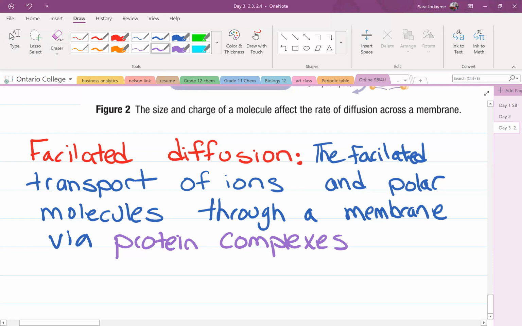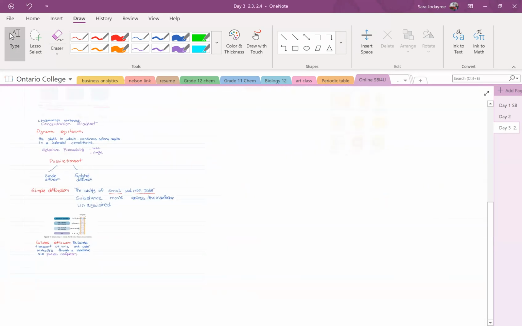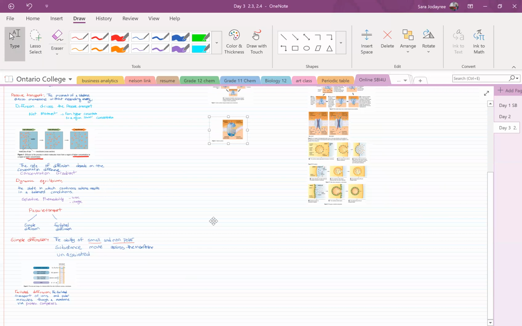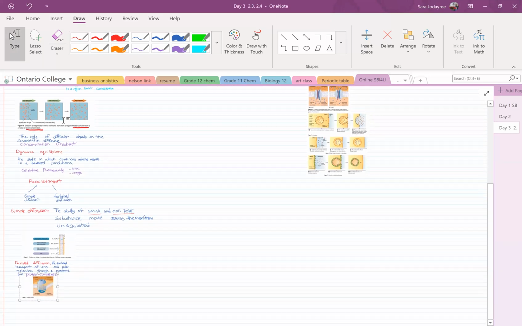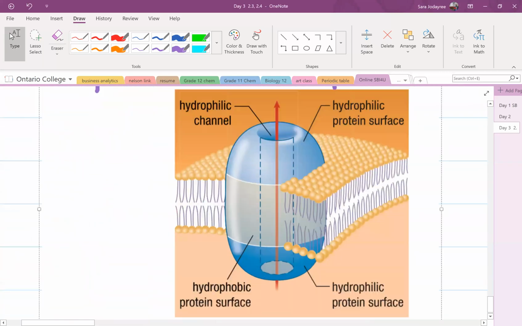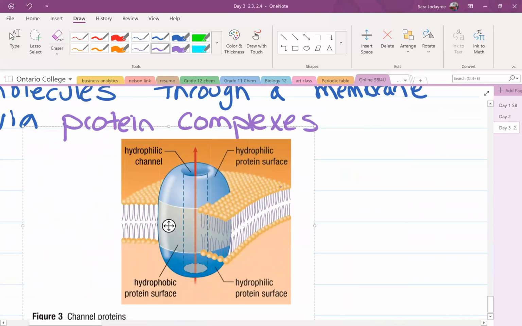Okay, so let's look, what does that mean? I'll show you a picture, and this will help you understand what I mean by facilitated diffusion. If you see here, we have the plasma membrane. These are my membranes here. And I have a little protein here, a protein complex. And this makes it easier to facilitate the transportation across the membrane. So across the membrane, it helps to facilitate by the protein complex.